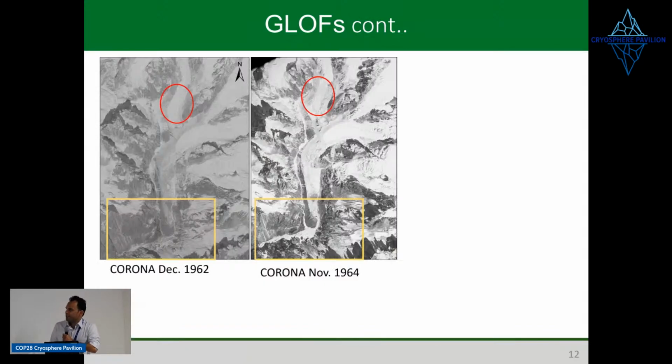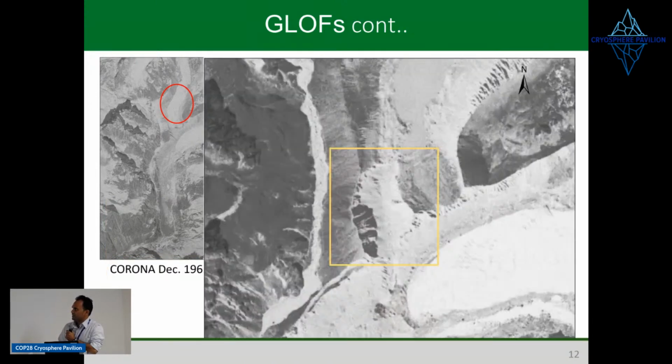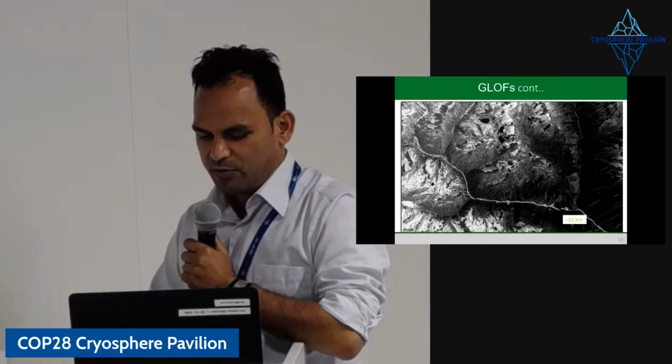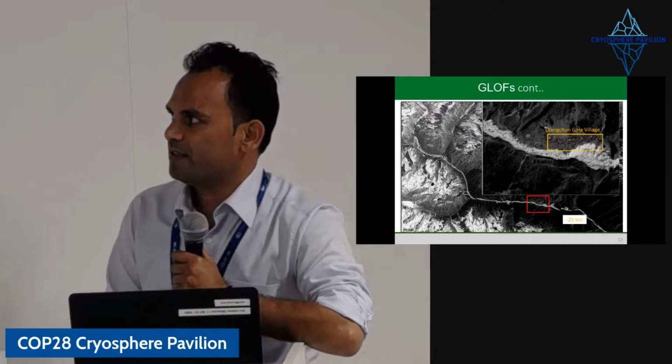So how do we recognize the floods in those regions? This is one example here. Using the Corona satellite images from 1962 and 1964, there was a sign of the glacial lakes, and then we also checked the moraine of that glacial lake. We can see some breached moraine at the end of the glacial lake, and downstream of the glacial lake, we can see the eroded bed of the river. Then there was a village called Polangchungola village about 25 kilometers downstream.